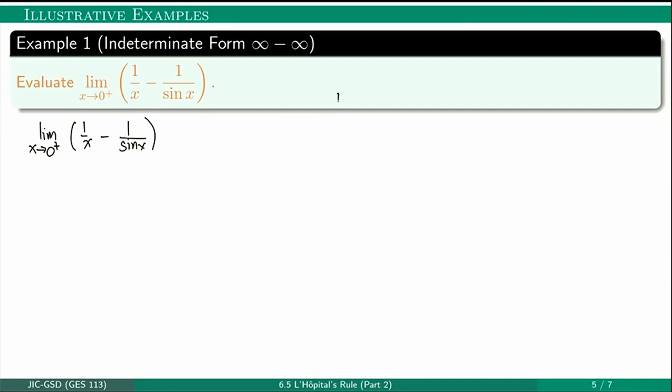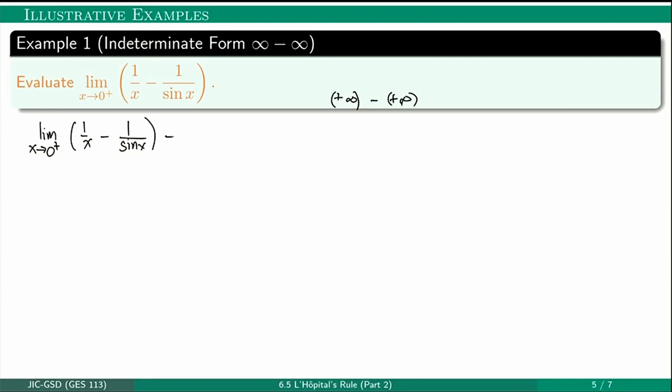And as x goes to 0 from the right, sine of x is going to 0, so 1 over a very small positive number will also go to positive infinity. So this is a positive infinity minus positive infinity case.